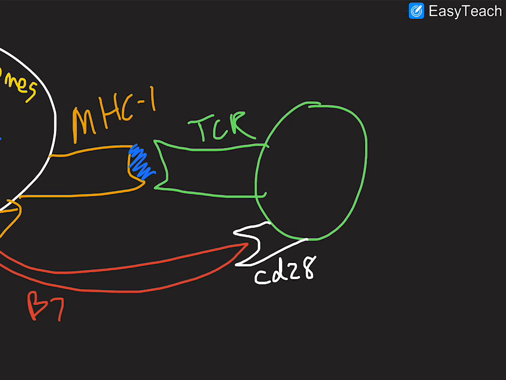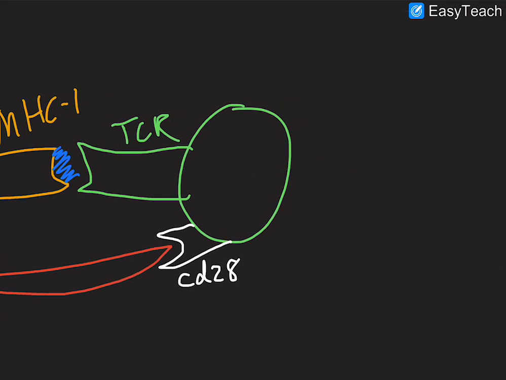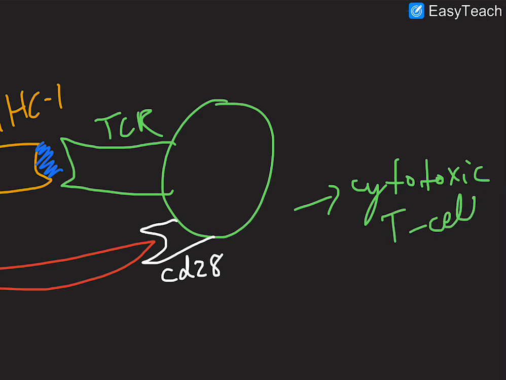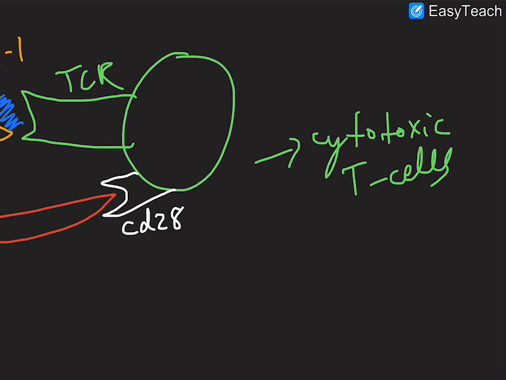And then we can therefore activate these CD8 cells fully into cytotoxic T cells. And we know with the Th1 subtype, if we go back a little bit, our Th1 subtype of our CD4 cells can release interleukin 2.